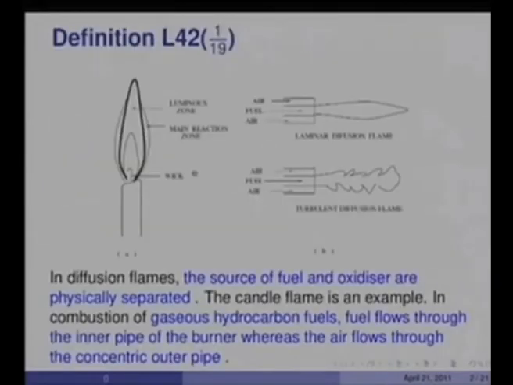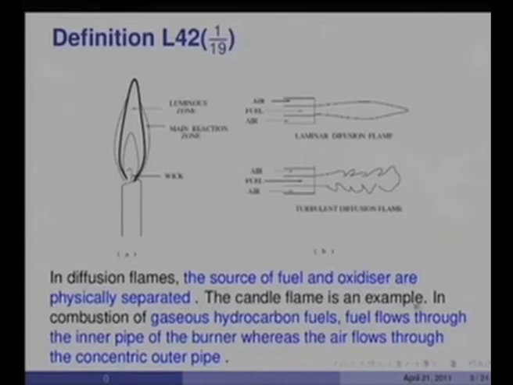Here is the definition. The most commonly encountered diffusion flame is the candle flame that you can see here. In a diffusion flame, the source of the fuel and the oxidizer are physically separated.